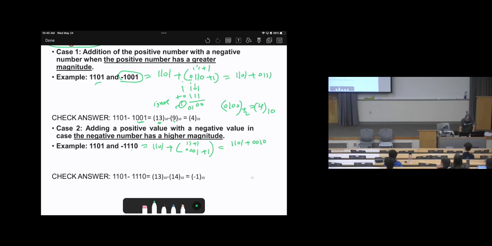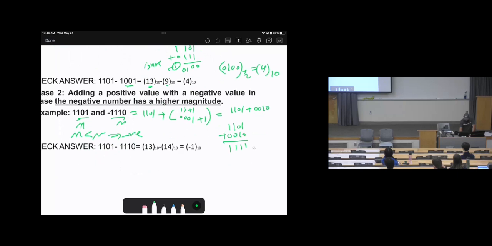How to do it? 1101 plus 0010. 1 plus 1, 1. 1 plus 0, 1. 0 plus 1, 1. 1 plus 0, 1. 1 plus 1, 1. Remember, this is m, this is n. Here in this case, m is less than n, so the answer must be negative.